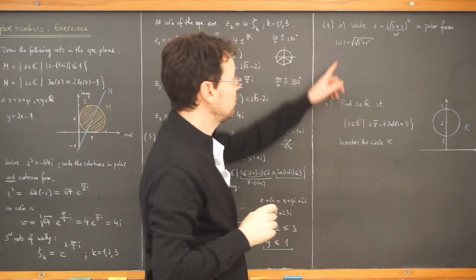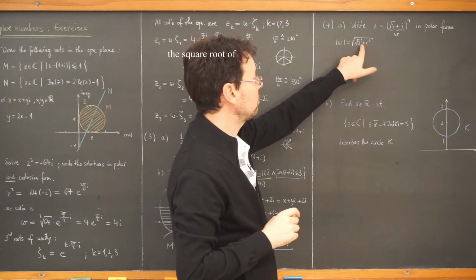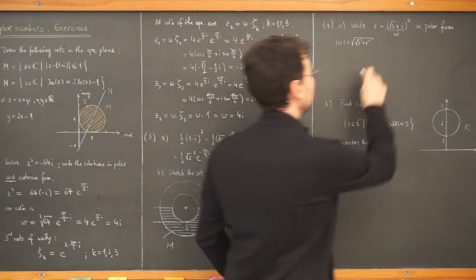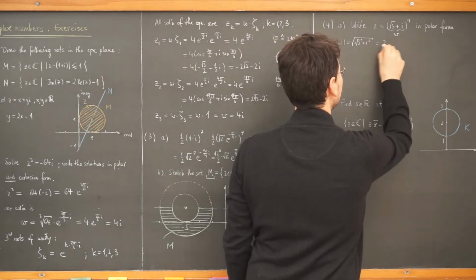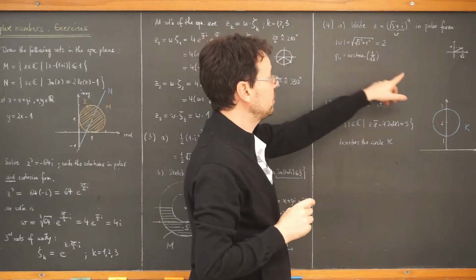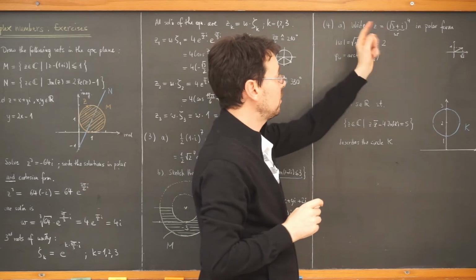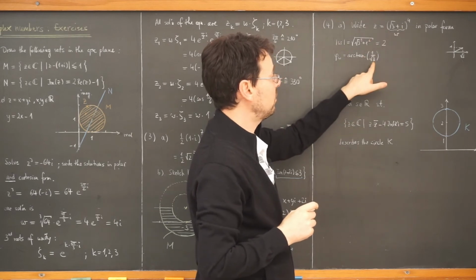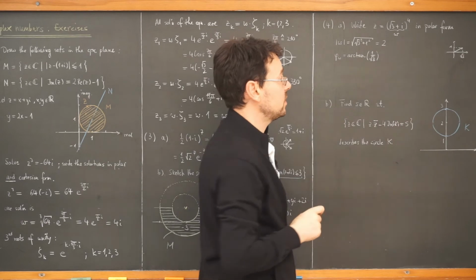The modulus of w is the square root of 3 squared plus 1 squared, which is the square root of 4, which is 2. And the argument of w is the arctangent of the imaginary part, so 1, divided by the real part, which you can see here.